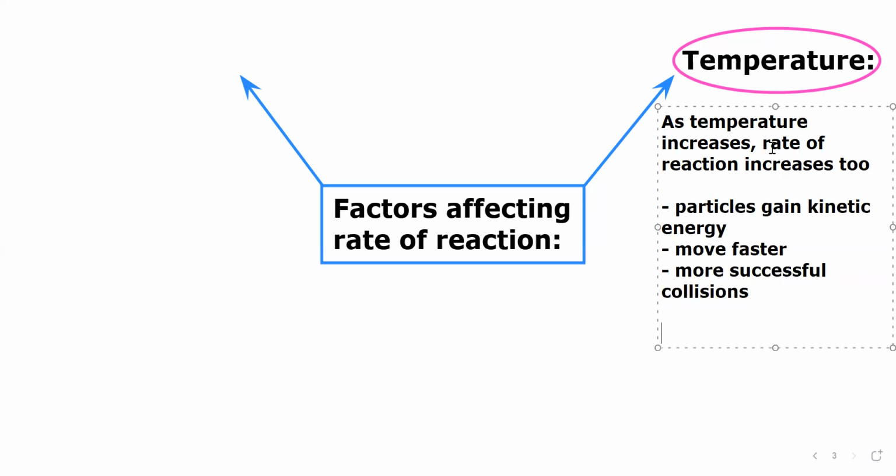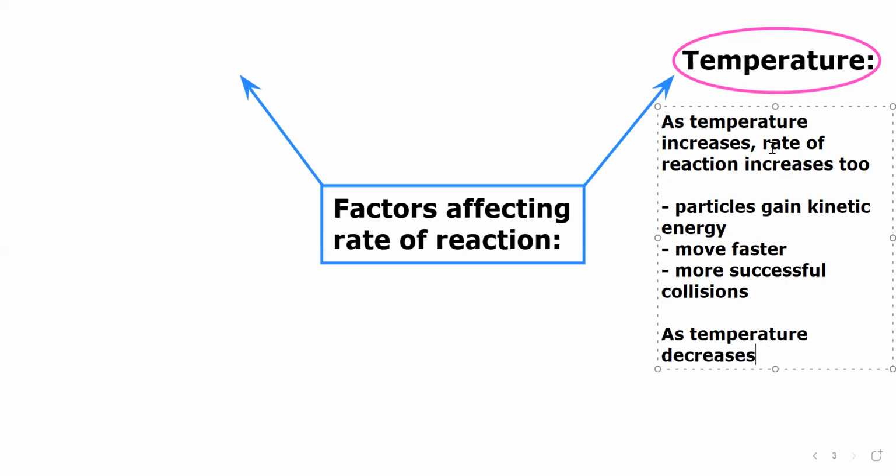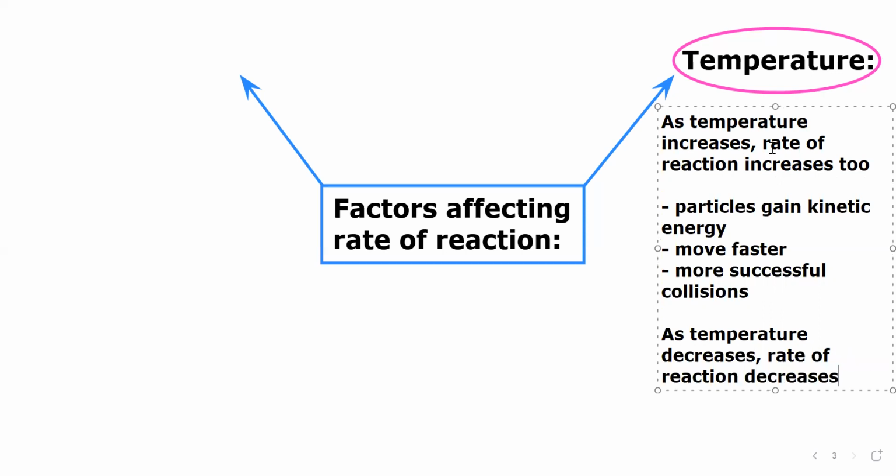Similarly, of course, as temperature decreases, rate of reaction decreases, and everything will be the opposite. As temperature decreases, the rate of reaction decreases. And why does the rate of reaction decrease? Because particles lose energy.